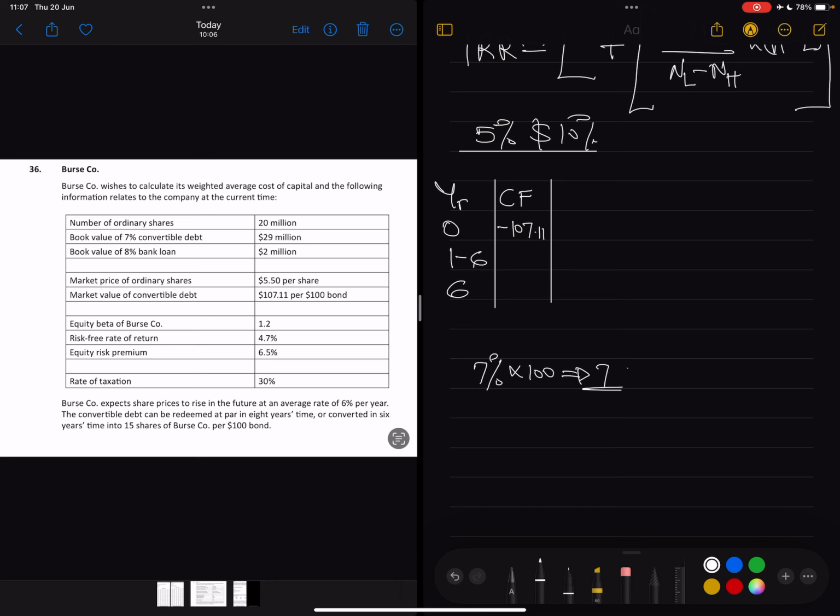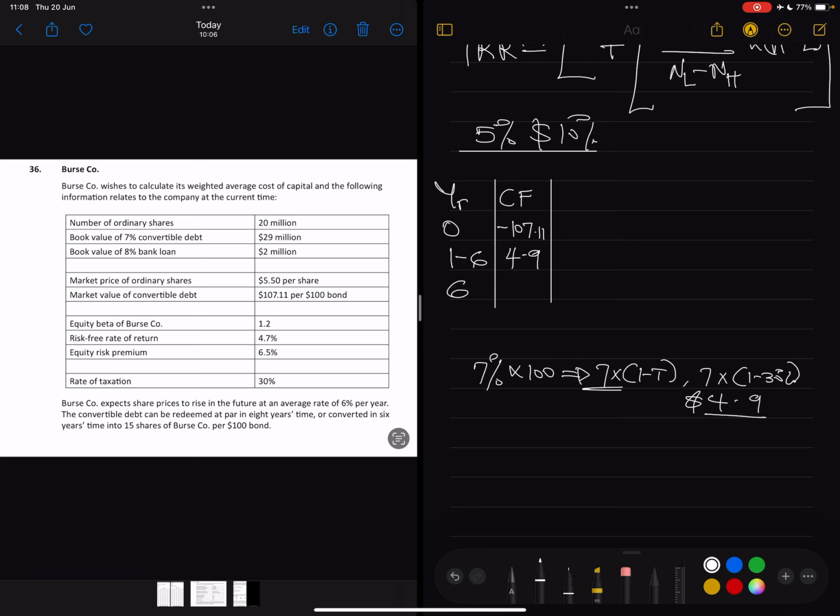So the net cash flow that comes to you is 1 minus tax rate, 1 minus T. So that's 7 multiplied by 1 minus 30%. So eventually you're going to get 4.9 dollars because you have paid 30% out of 7. So 7 times 70%. So you're going to get 4.9 every year.